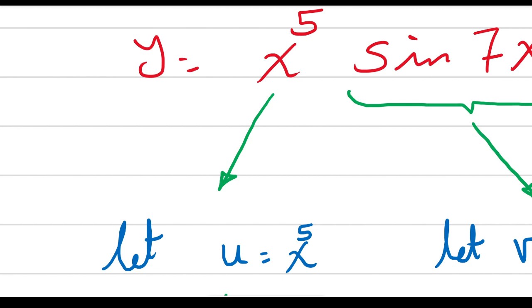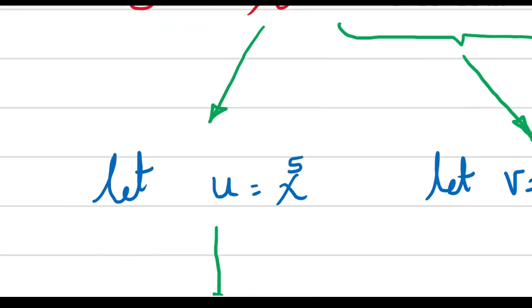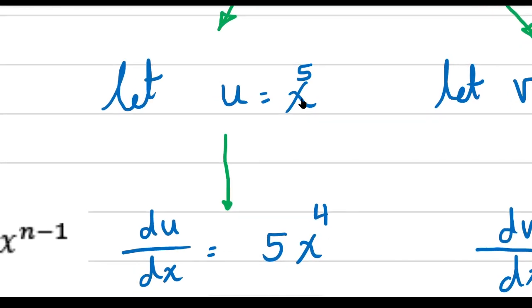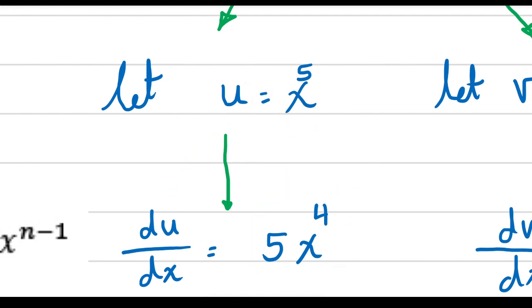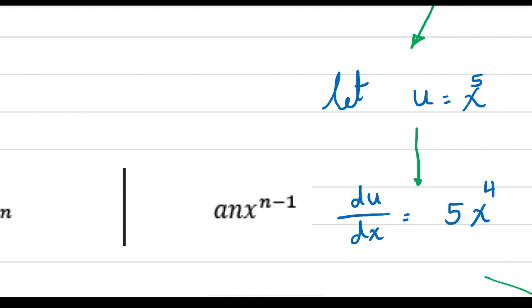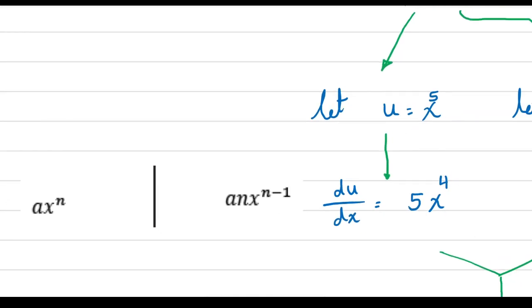After naming these functions, what you should do is differentiate them. So u equals x power 5, and the differentiation of u equals 5x power 4. If you wonder how we do this, according to the basic principles of differentiation rules, a function like this can be differentiated like this.